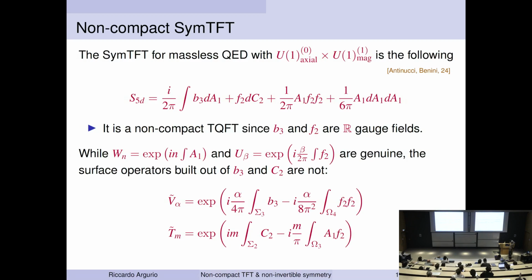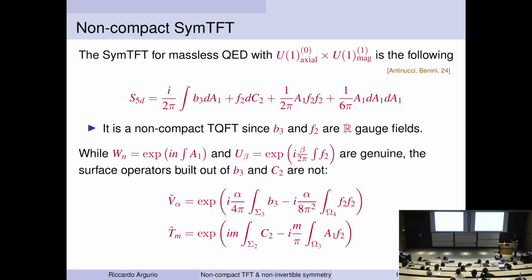This term tells us about the Toft anomaly of the axial, which is not going to play any role, and this term here is the one which encodes the ABJ anomaly. The symmetry TFT, as was already stressed by Andrea, is also a non-compact TQFT because it has to have this U1 times U1 symmetry.